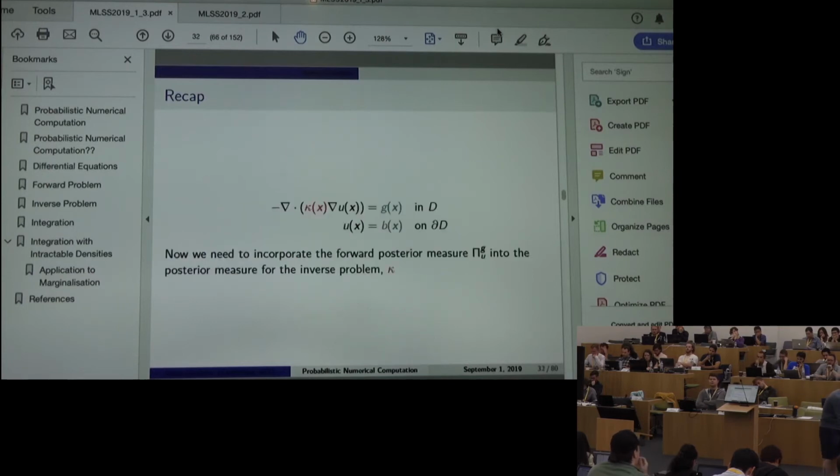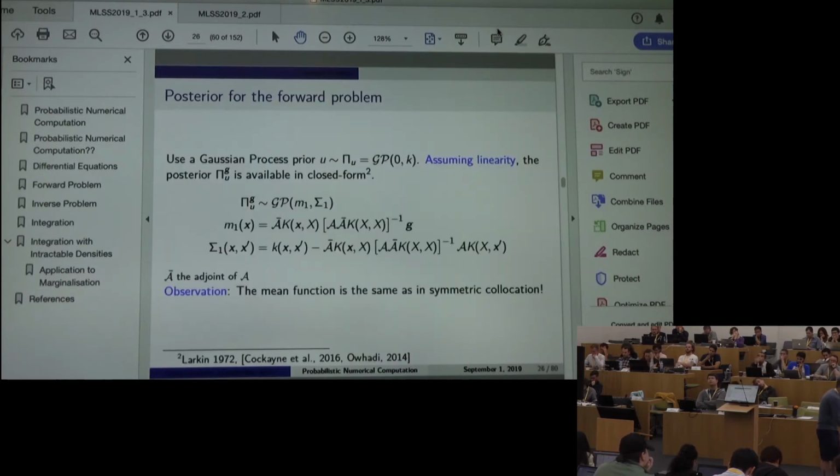So again, if we just go back to yesterday, then the probabilistic numerical solution of the PDE is this Gaussian process, which has a mean we've just described and has a covariance structure, right, which is defined here, where in essence the covariance is based on the covariance function of the prior plus the action of the linear operator and its adjoint on that covariance function.